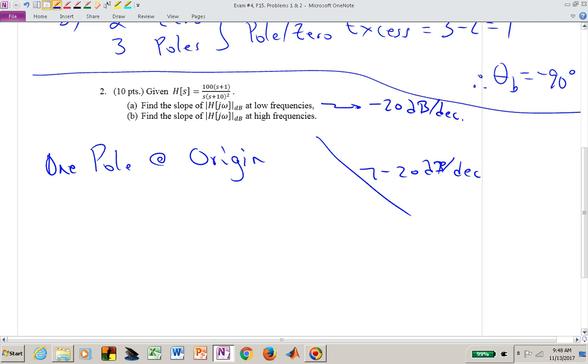And so the slope, I don't know how I want to designate that. Maybe I just say S for part A is now minus 20 dB per decade.